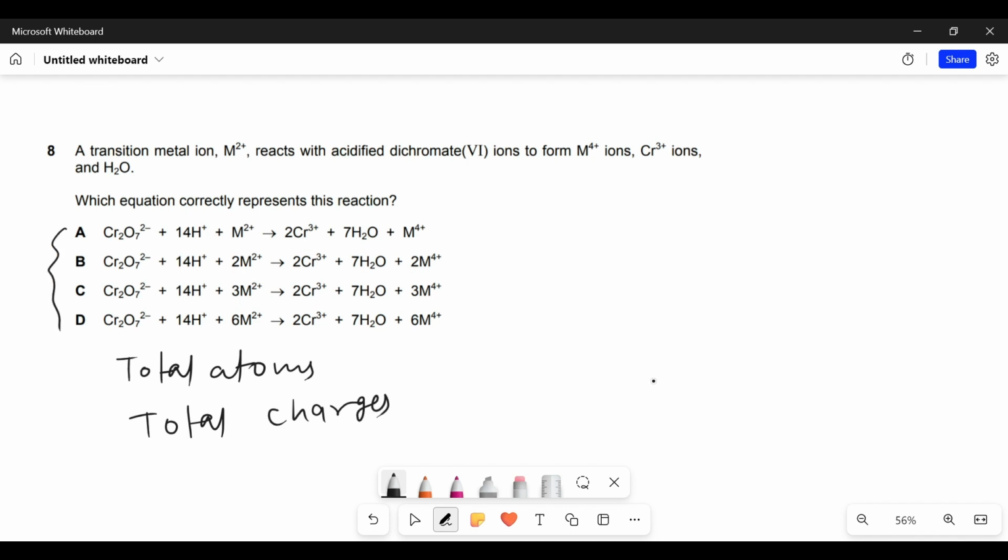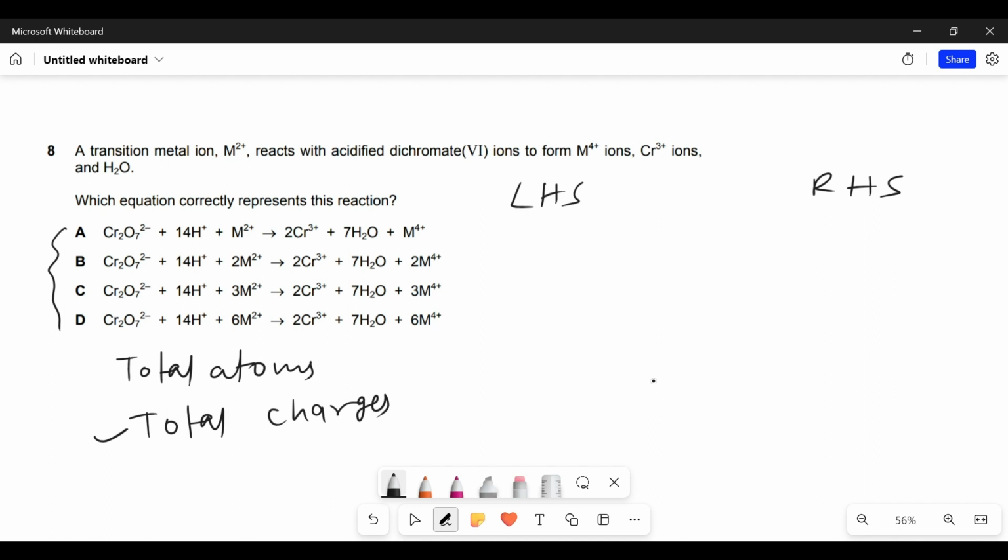If I look at all these 4 options, I can see that the total number of atoms of each of the species are balanced on both the sides.